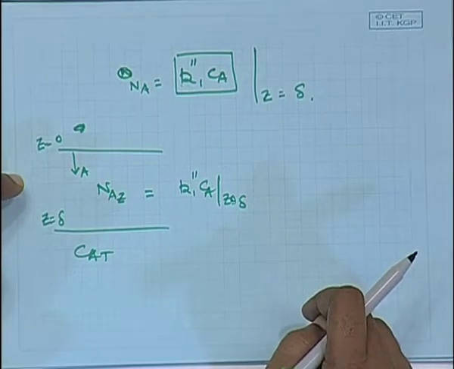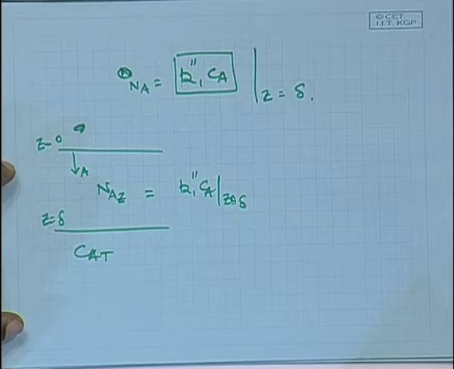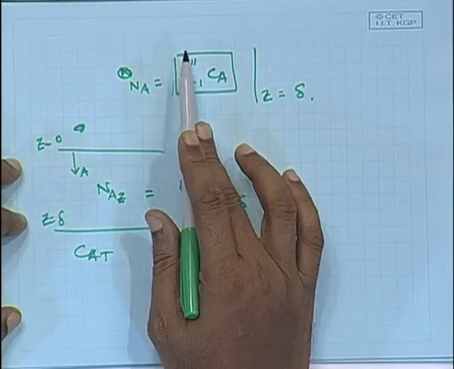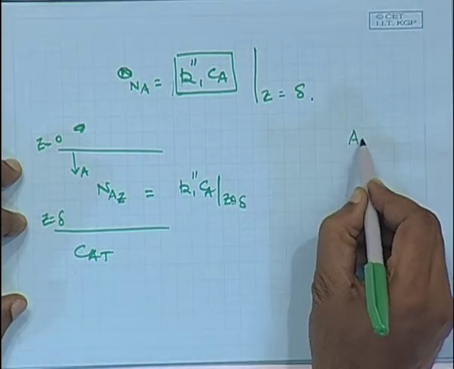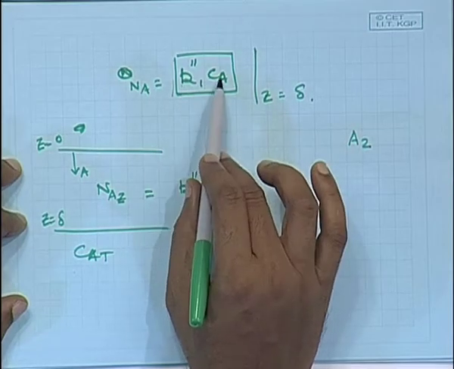Twice? Which twice? N A z is equal to twice all this? Why twice? No, the reaction rate is given by this expression. I am not considering A2 anymore. Okay. The rate expression is given as this.